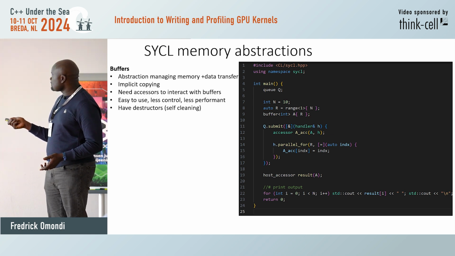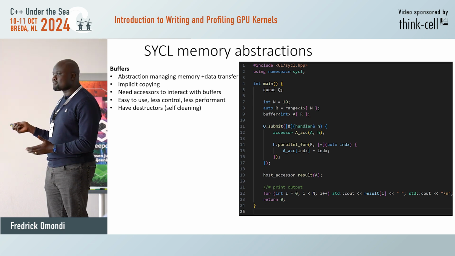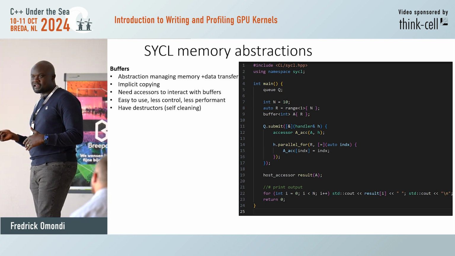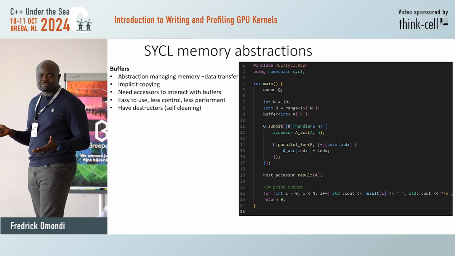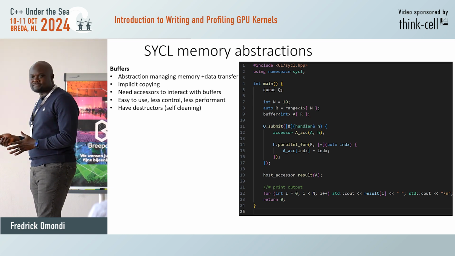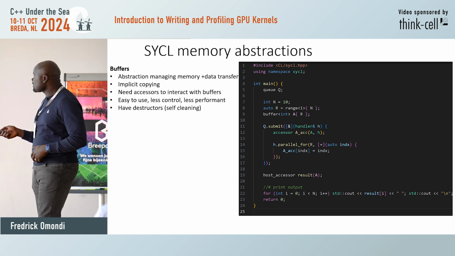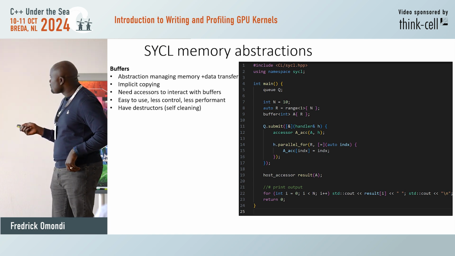So buffers need accessors so that you can interact with them. And this is maybe one of those things I don't like about buffers, because it doesn't make sense for you to have another special data structure to access another data structure. But I think they do that for conformity.